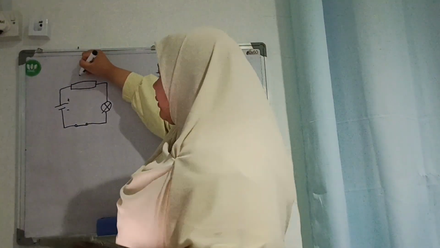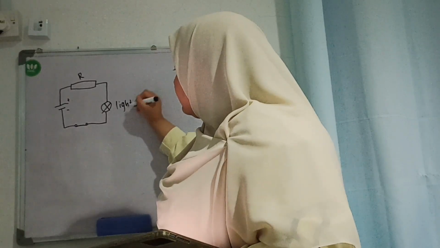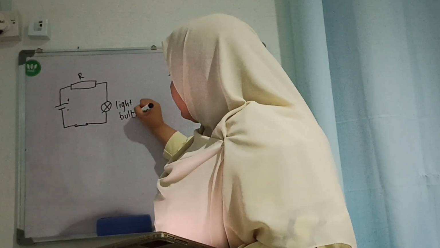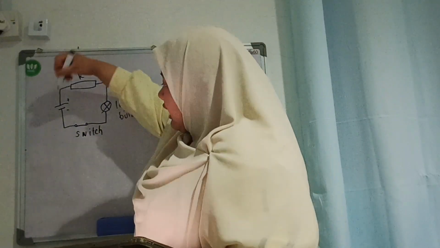So in this one, we have the resistor, we have the light bulb, we have the switch as usual, and the battery.